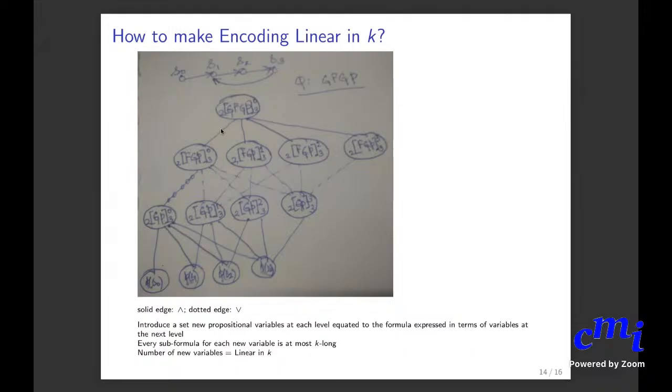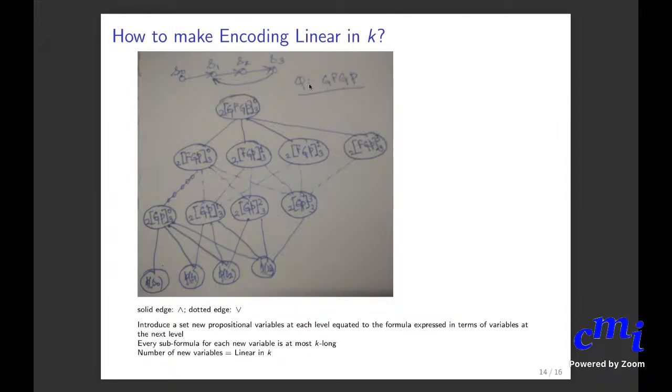This is a graph where the solid edges represent conjunction, and dotted edges, or. And you can see it has recursive invocation of this L of the square brackets starting from 0 to 3. And then that will be recursively invoking 0 to 3, 1 to 3, 2 to 3, and 3 to 3, which in turn, for every sub-formula of this G of F of G of P.